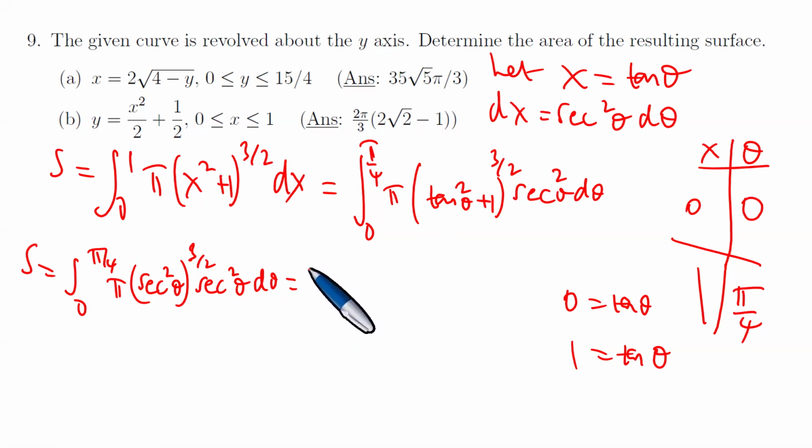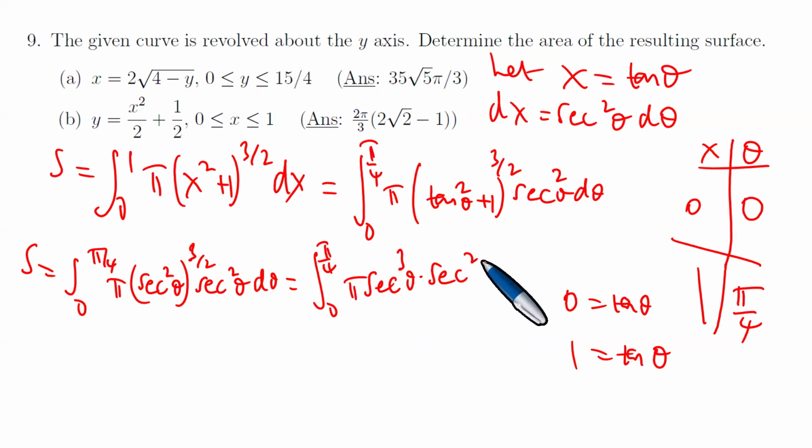Then you come to this, which is exactly the integral from 0 to pi over 4. The square cancels the square, giving us sec cubed theta, but there's also sec squared theta d theta.